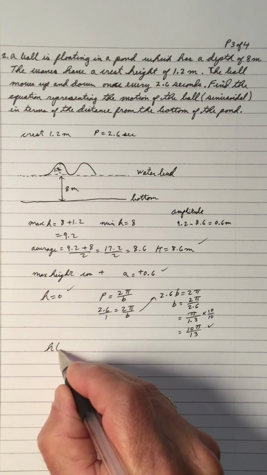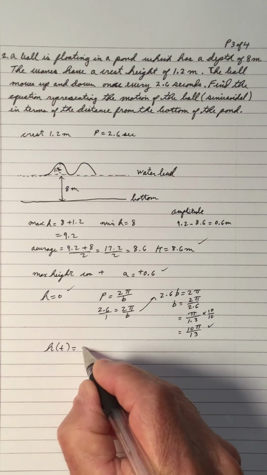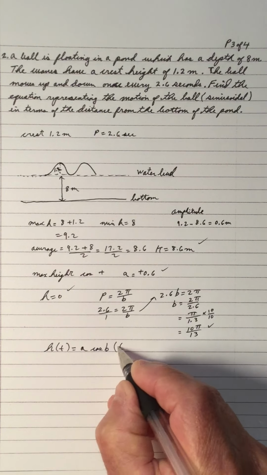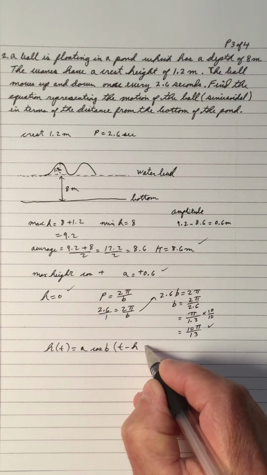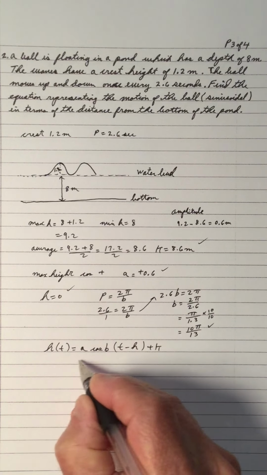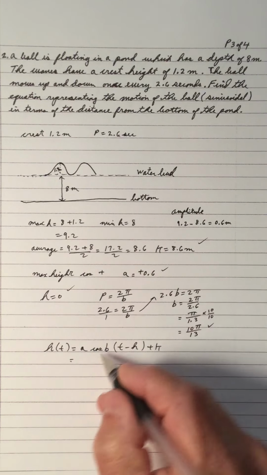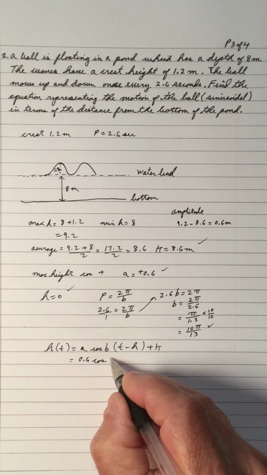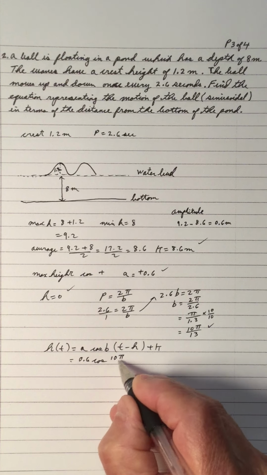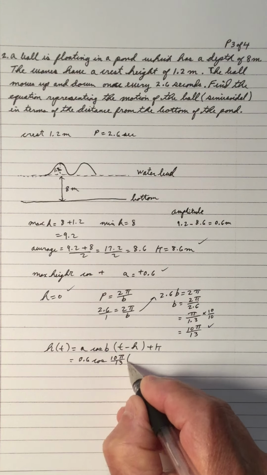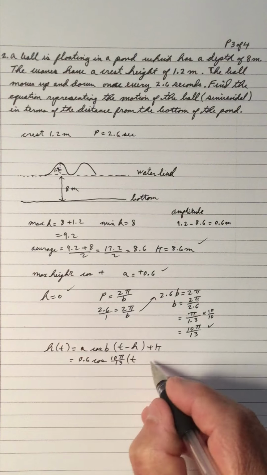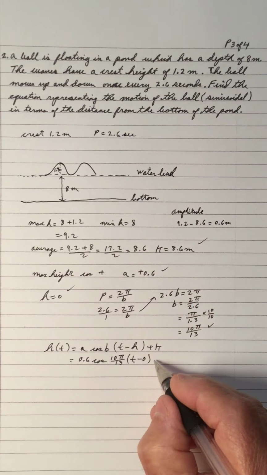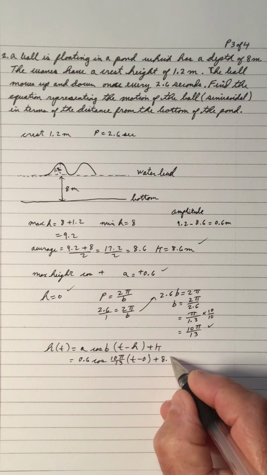The height of the ball above the bottom is A cos B(t minus H) plus K. So A is 0.6, B is 10 pi over 13, H is 0, and K is 8.6, which is the sinusoidal axis.